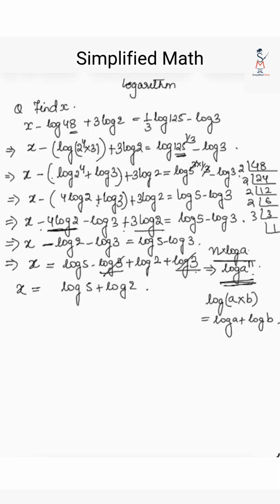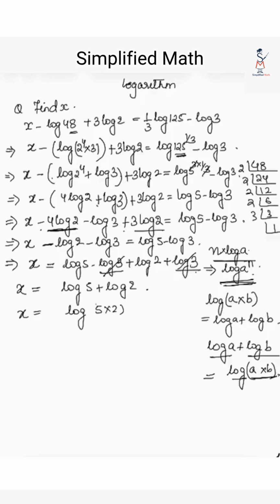Again we are following the rule of log a plus log b is equal to log a into b. Fine. We know that log a plus log b is log, the logs get multiplied. So this can be written as log 5 into 2, right? x is equal to log 10.